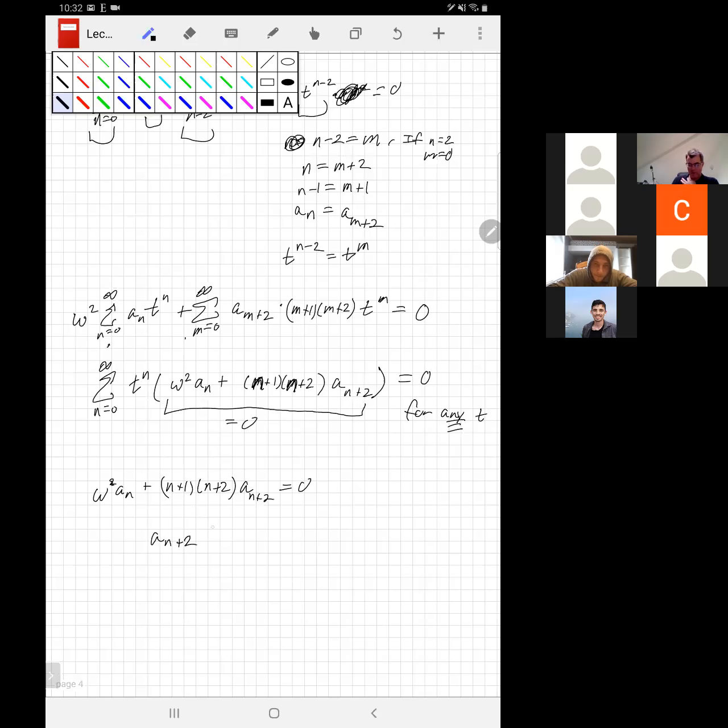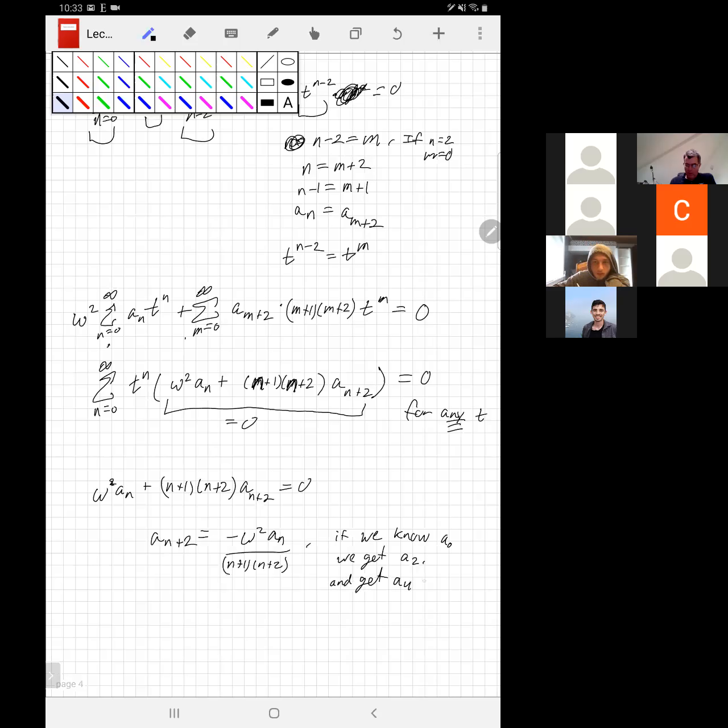So a_(n+2), if I solve this, a_(n+2) equals minus omega squared a_n over (n plus 1)(n plus 2). You're thinking, well, how does this help us solve the equation? Well, if we know a0, we get a2.